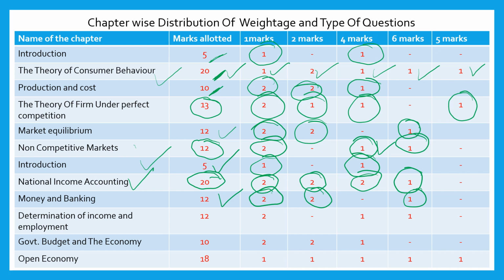Then come to determination of income and employment. For this chapter, again they allotted 12 marks. For 1 mark, they will ask 2 questions from this chapter, and one 4-mark question and one 6-mark question. Of course, students may find learning 6-mark questions very difficult.